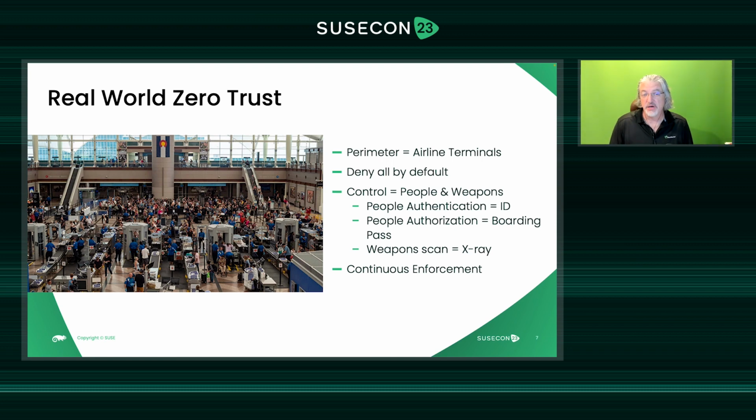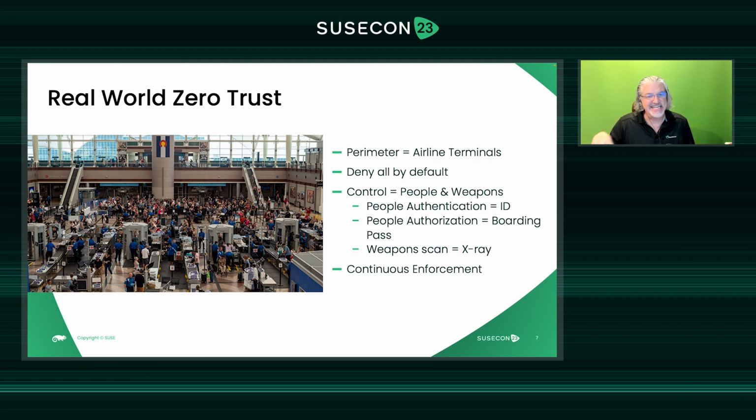Once you get into that zone, there is continuous enforcement. For example, there's lots of exits that say, if you go through this door, an alarm will sound and you'll be out on the tarmac. Well, if you go through that door, you will get to experience firsthand continuous enforcement. You'll probably be taken into custody and questioned. Why did you break security? Why did you create a hole in our secure perimeter, right?